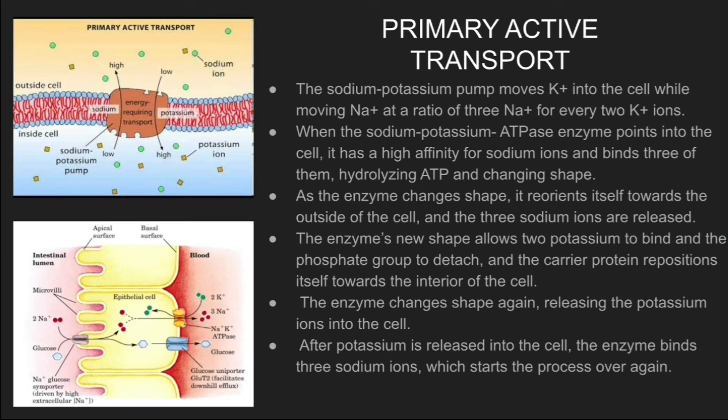Protons are nothing but H plus. Another example of primary active transport is using light energy by the protons involved in photosynthesis.